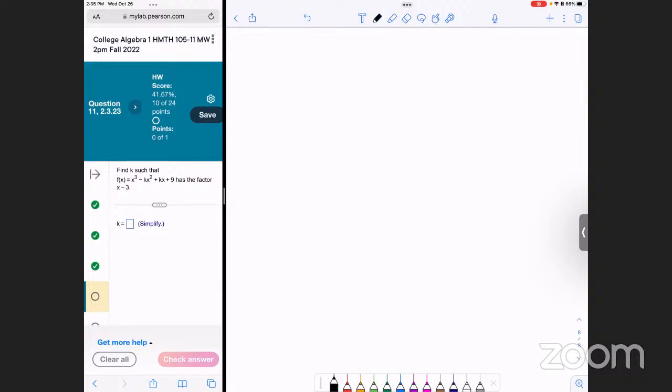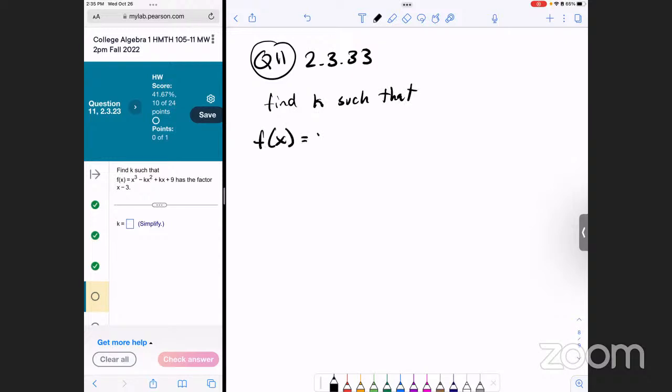So this is question 11. This comes from section 2.3, question 33. I'm going to say find a k such that f of x equals x cubed minus kx squared plus kx plus 9 has the factor x minus 3, okay?